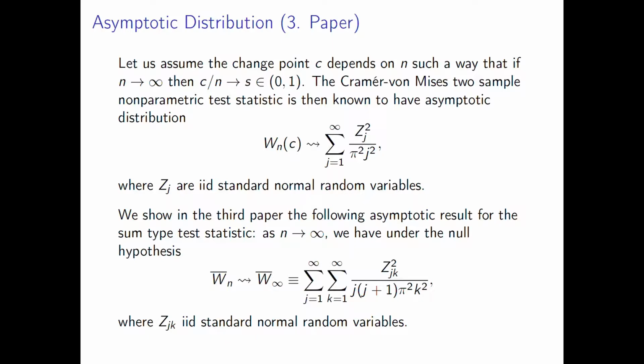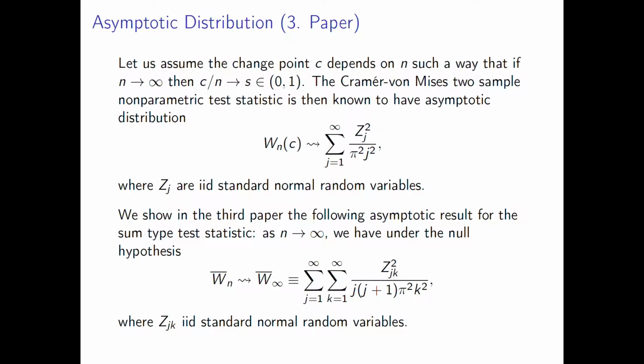We know that the Cramer-von Mises two-sample non-parametric test has this asymptotic distribution, so Wn at c converges weakly to this series, where Z_j are IID standard normal random variables.